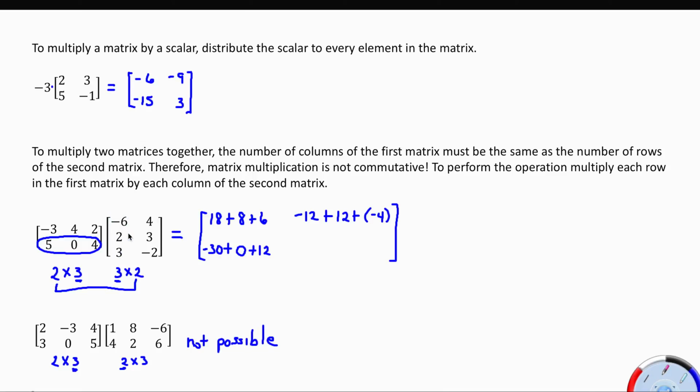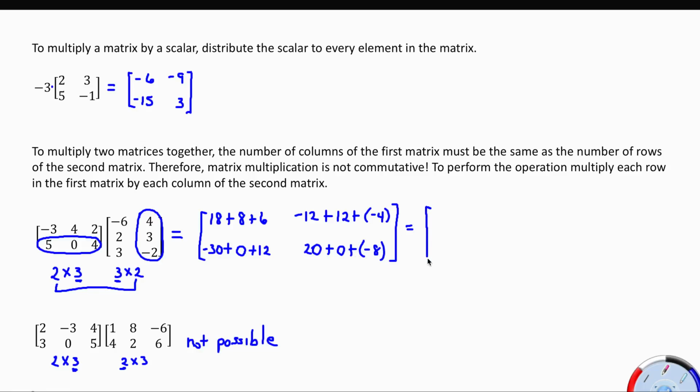Okay, now I'm going to multiply the second row by the second column and put it in the position, second row, second column. 5 times 4 is 20, 0 times 3 is 0, and 4 times negative 2 is negative 8.